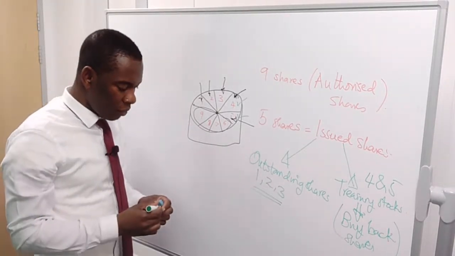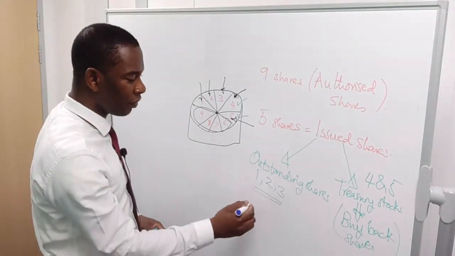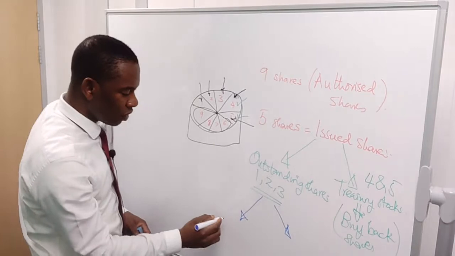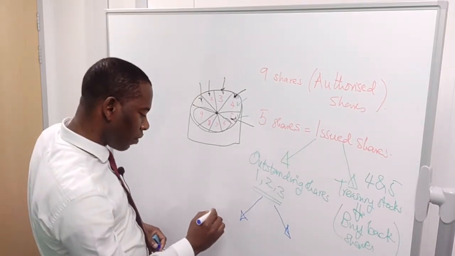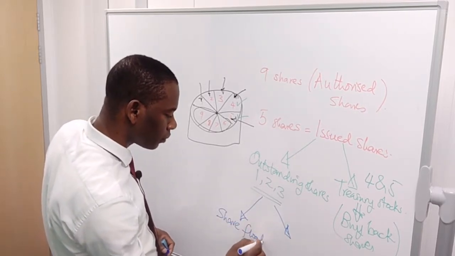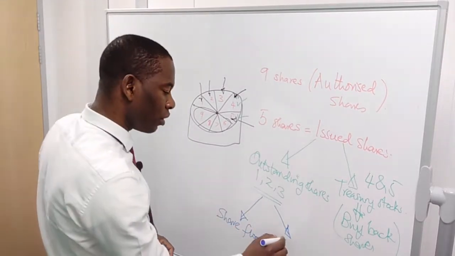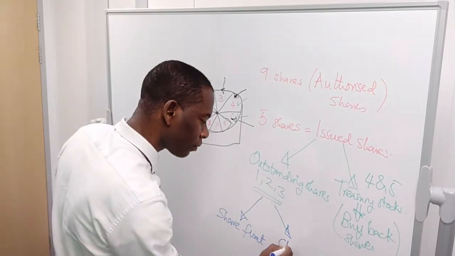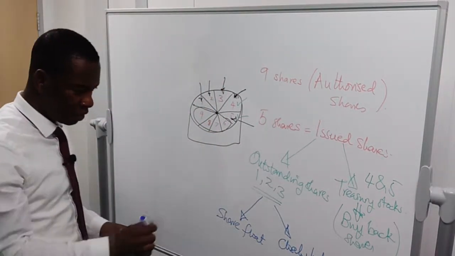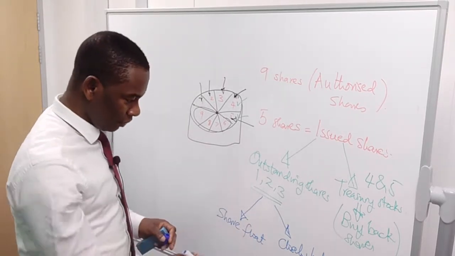Moving on, under this one, we have what you call a share float and those which are closely held. These ones are closely held stock, so they are not the ones you can get to buy that easily.